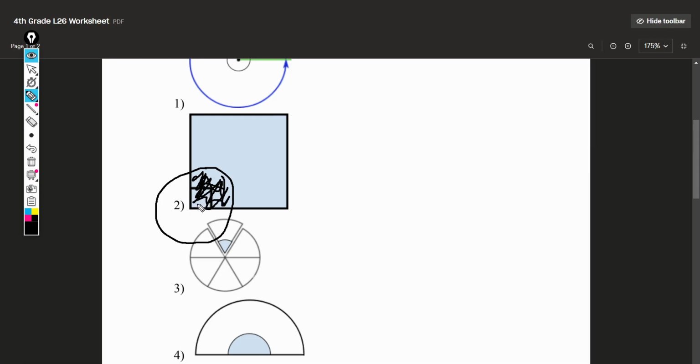Because it's a quarter of the whole circle, that means it's 1/4 of 360 degrees, and 1/4 of 360 is equal to 90. So the angle on the corner of the square is 90 degrees.